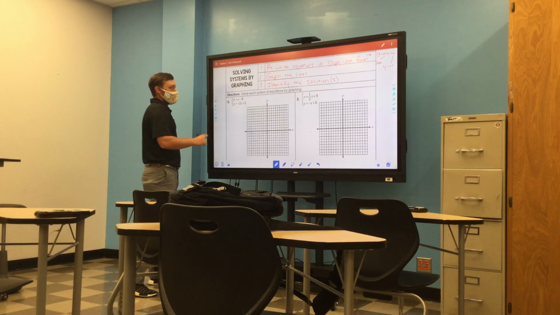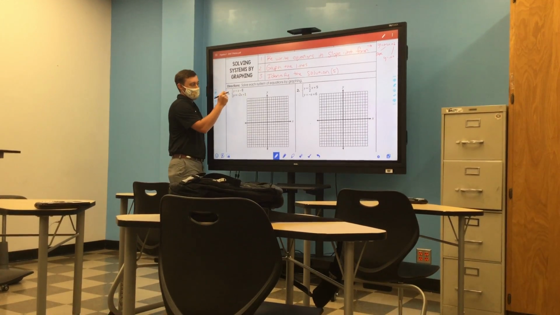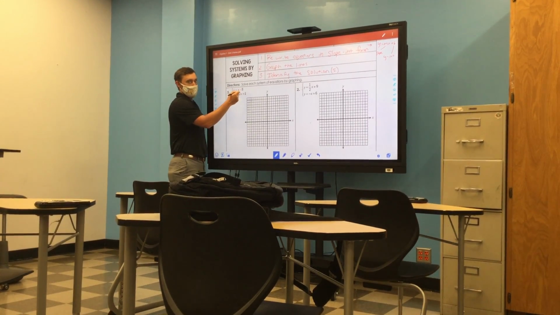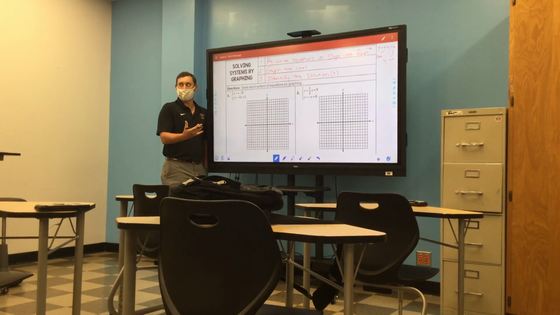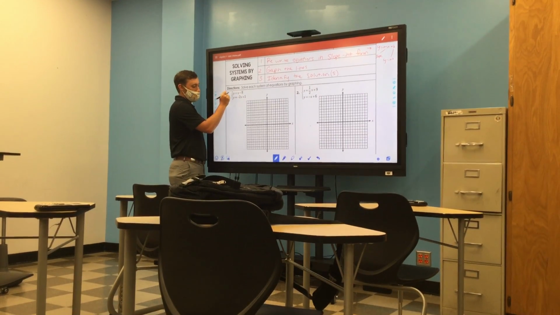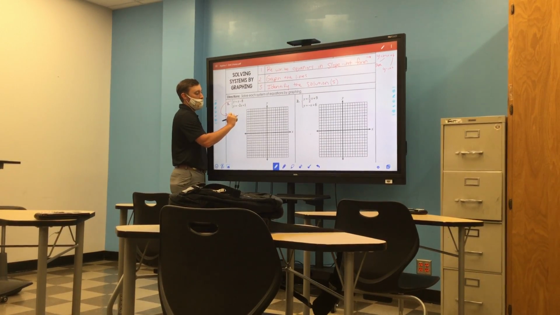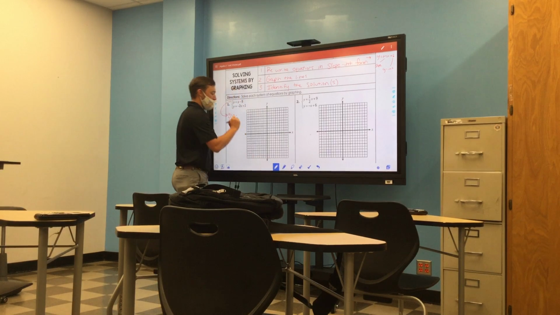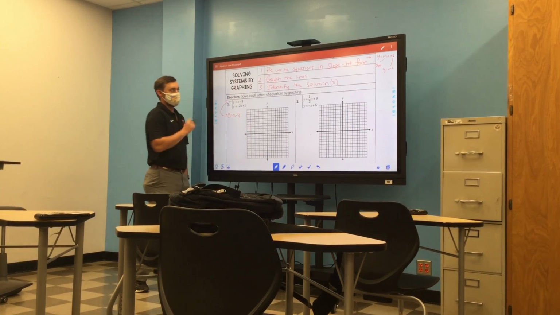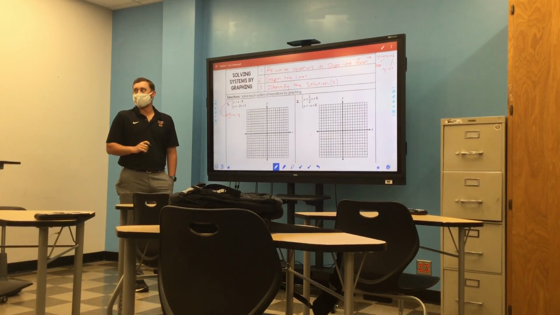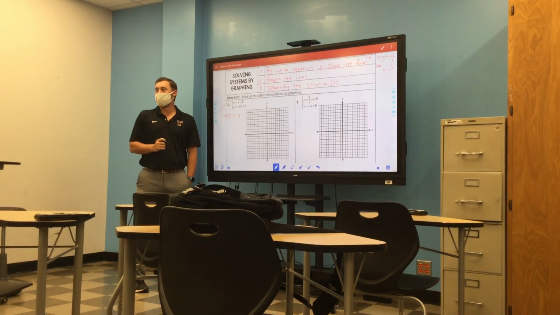So if this is in slope-intercept form, which it is, we want to look at what my slope is and what my y-intercept is. Let's take my top equation here. We've got y is equal to x minus 8. One thing that you keep seeing on tests is the word coefficient, right?